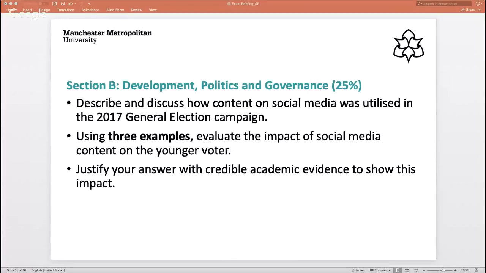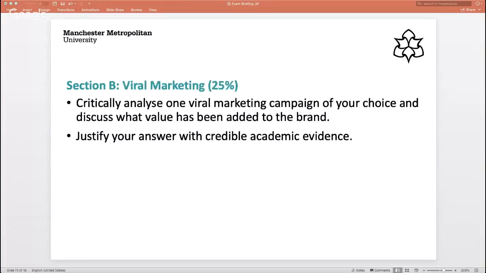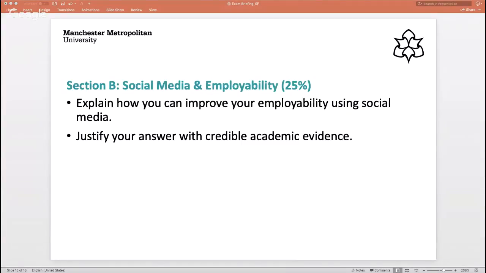We're going to be looking at viral marketing. We're going to be looking at online public relations, and within that we've obviously got newsjacking and viral marketing and some of the public relations management of digital marketing that falls within those. And we're going to be looking at using social media to help your own career progression with employability.